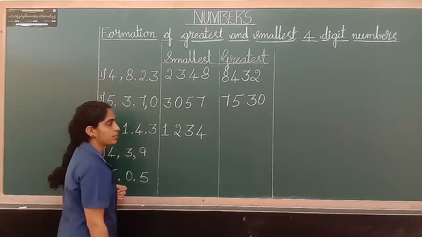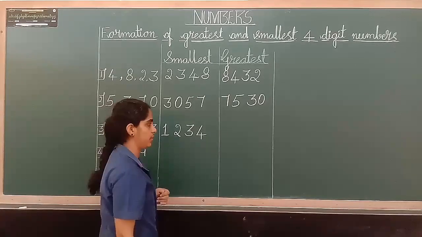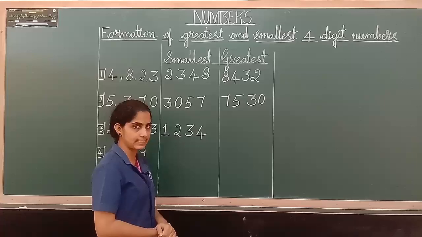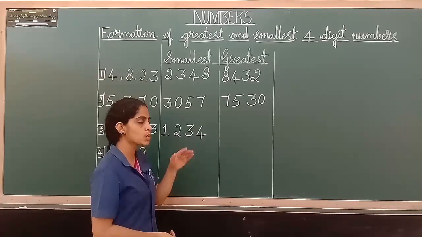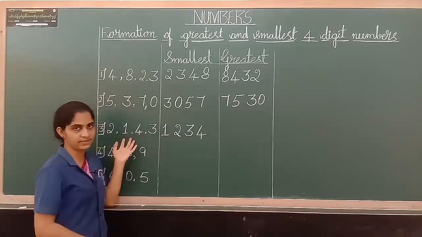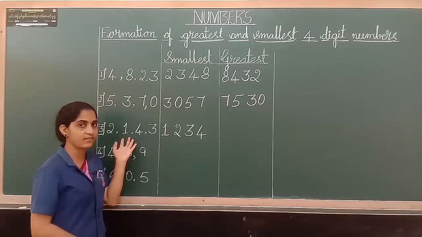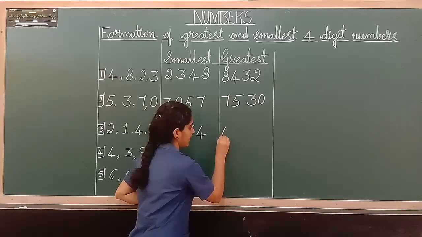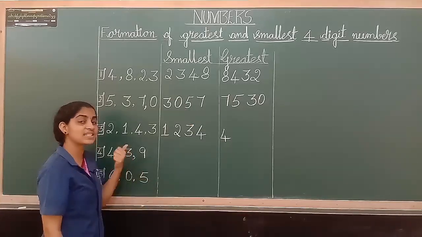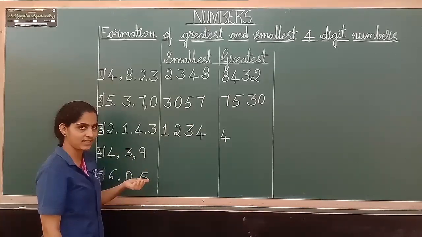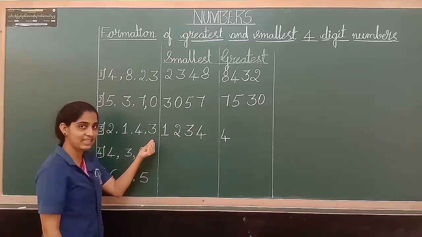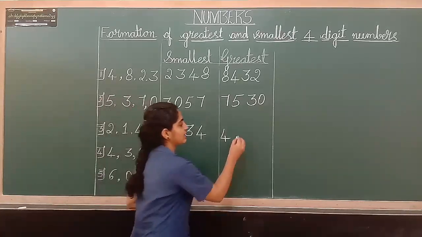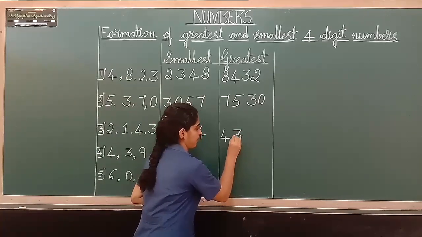Now let us form the greatest 4-digit number. What do we have to do? We have to arrange the digits from greater to smaller. Now you can identify, right? In these digits, which is the greatest digit? Yes, 4 is the greatest digit. So which is the next greater digit? Yes, 3 is the next greater digit. So we have to write 3 next.